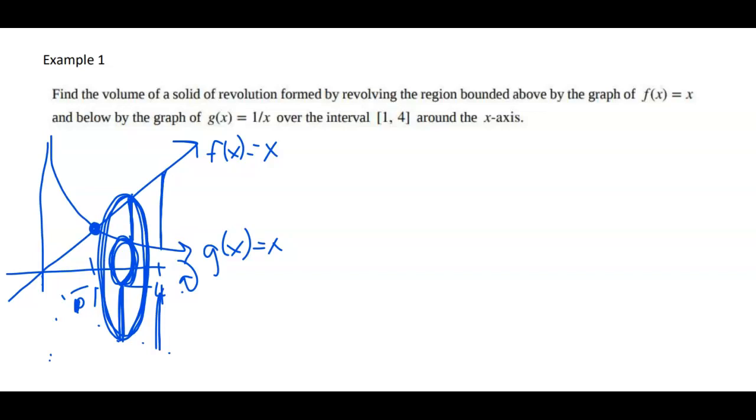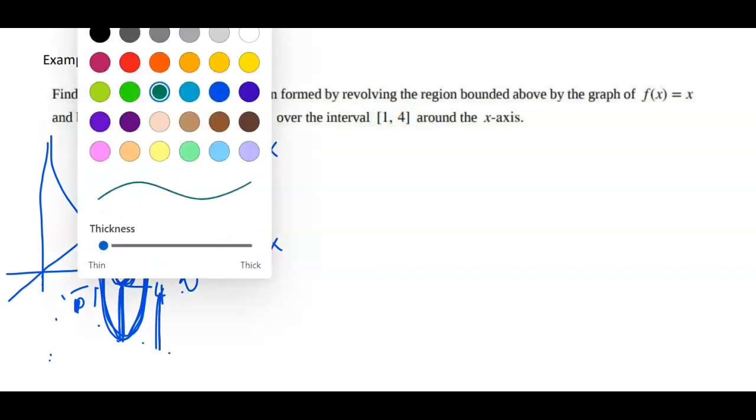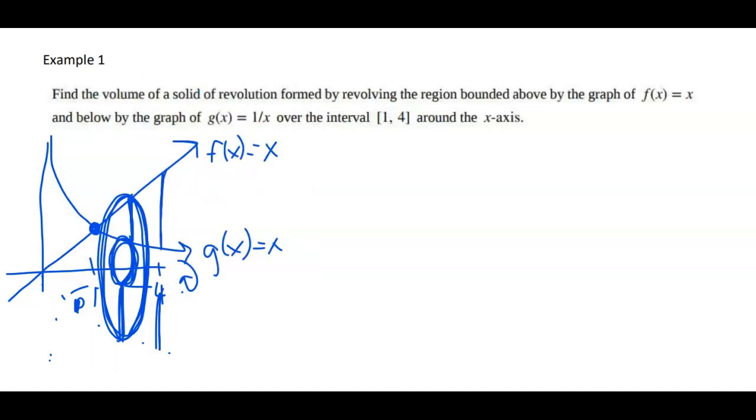Okay, so big R, in this case, is going to be defined by my f of x function, right? Like if this was disk method, and I were to be taking this and finding this big piece around, I'm going to say that big R is f of x, which is x.